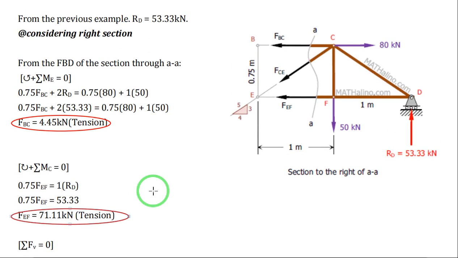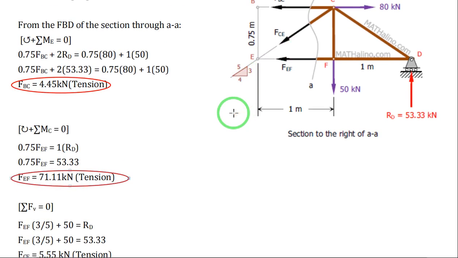Then we only have one remaining unknown, which is FCE. You can still use the summation of moment at point F, or at point D, to solve for FCE. But the simplest way is to use summation of forces vertical equals 0.